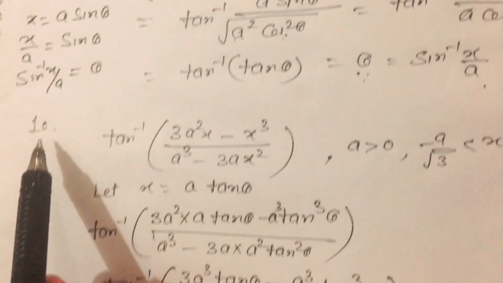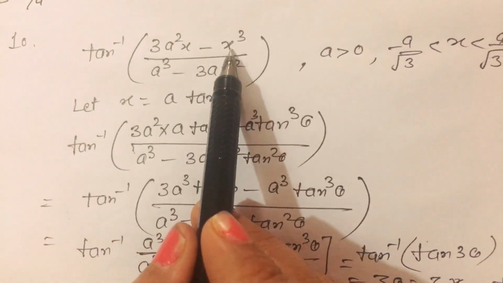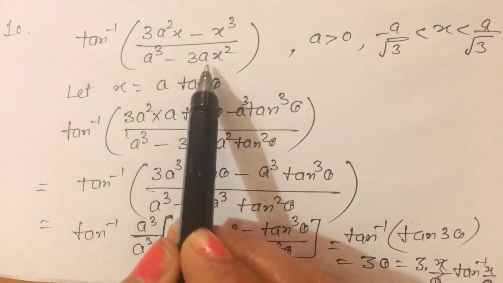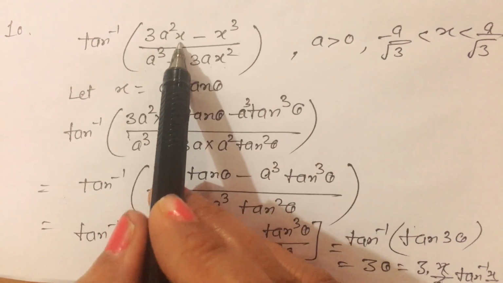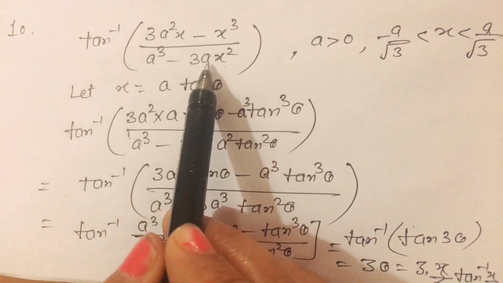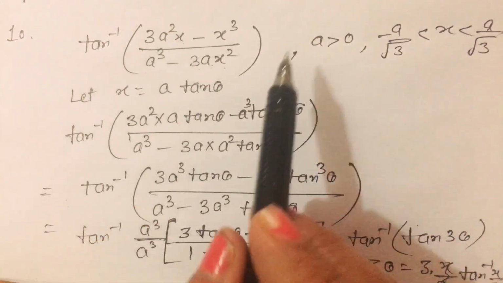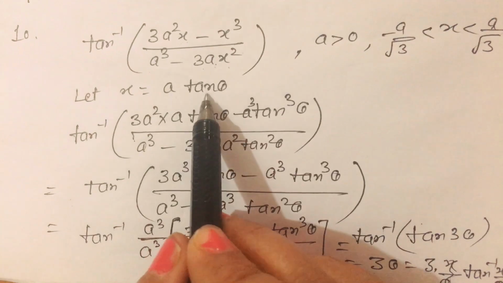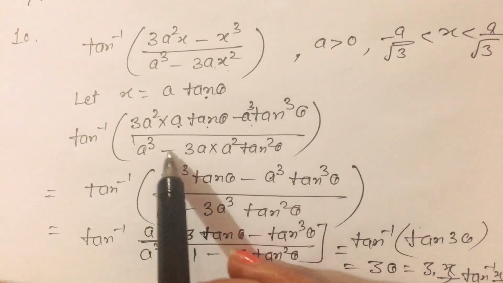Now come to the next question, the 10th. Tan inverse of 3a square x minus x cube upon a cube minus 3a x square. In this question we will put x is equal to a tan theta, because we will get the formula of tan 3 theta by putting this. So here I am putting x is equal to a tan theta, and we get this upon this.